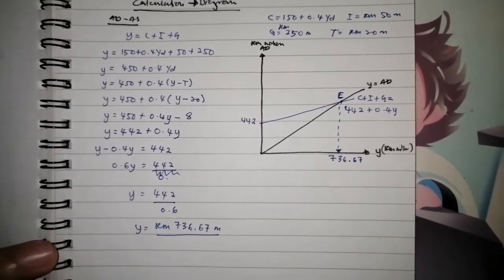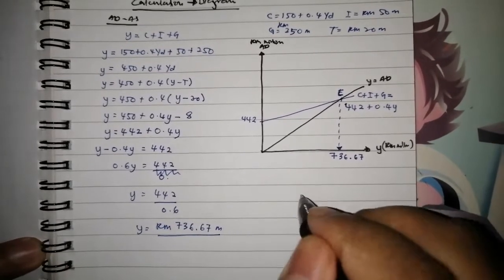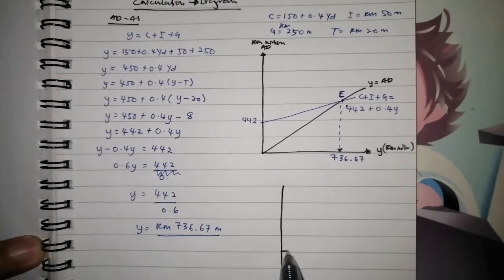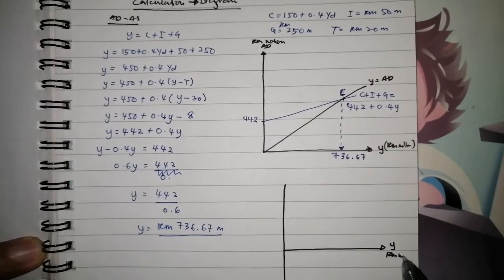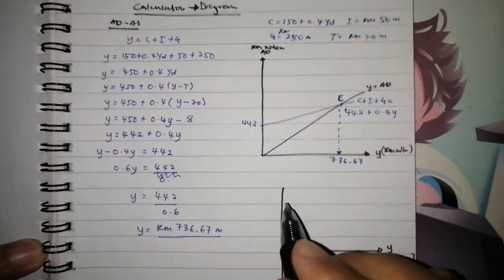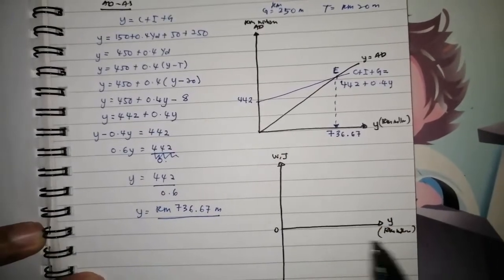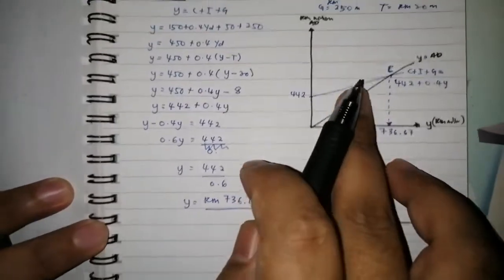For leakage injection, diagram for leakage injection. Okay, this is Y in RM million. This is leakage and injection. Okay, the injection uses the same question.